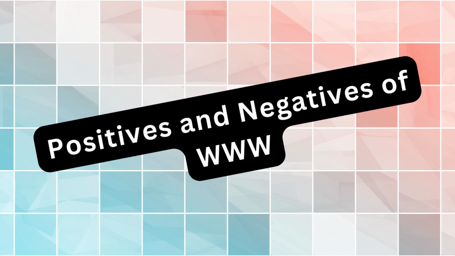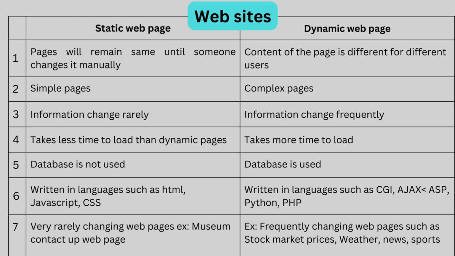People are spending too much time and becoming addicted to social media, and people use the internet to hack important information of other people, such as banking information and personal information, and it affects privacy. And some use the internet to spread hate and terrorism, and they can spread it on a bigger scale when we have the World Wide Web. So those are some negatives of the World Wide Web.